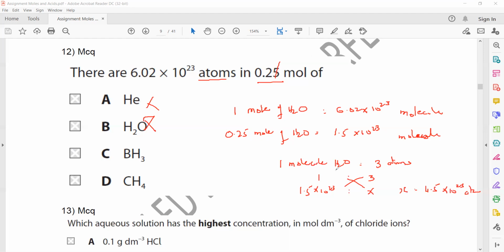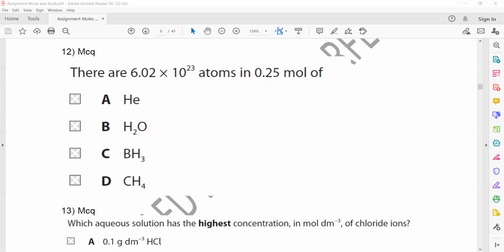One water molecule contains 3 atoms, 2 of them hydrogen and 1 oxygen, so the ratio is 1 is to 3. So 1.5 into 10 power 23 molecules of water will have 4.5 into 10 power 23 atoms. So it cannot be B.